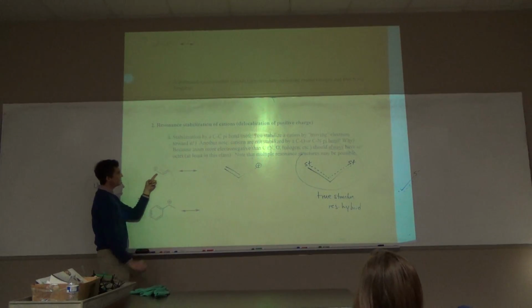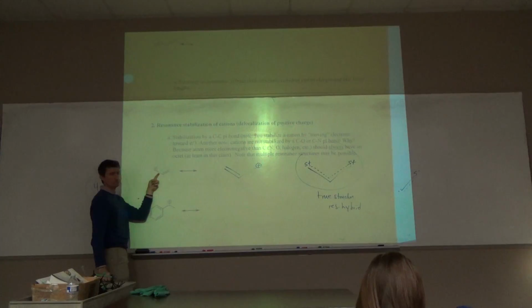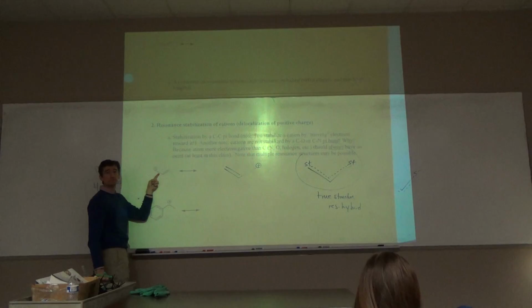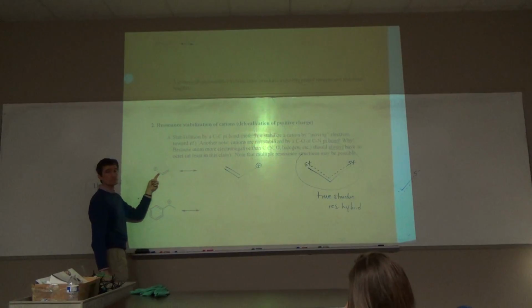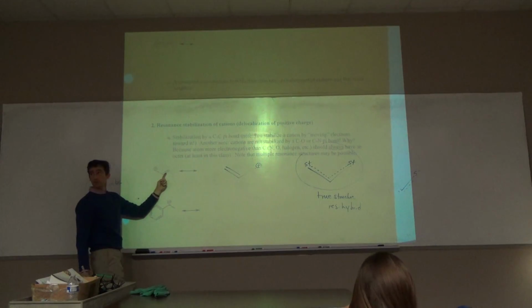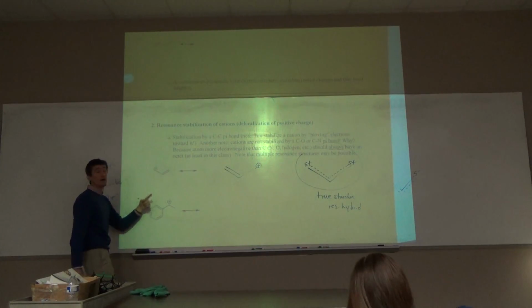Right here, what's the bond order between carbons 1 and 2? Bond order is just the number of bonds. How many bonds between carbons 1 and 2? 1. How about between carbons 2 and 3? You said 1 and then 2. Okay, thank you.